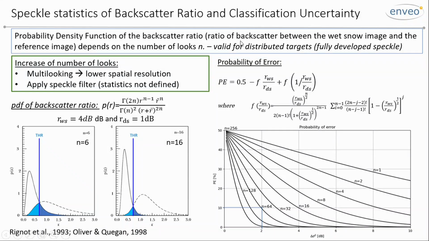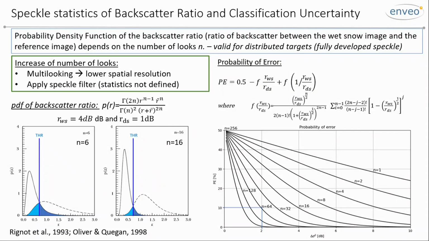Therefore, the aim is to get as good an estimate as possible of the backscatter of the pixel, without the speckle effect. There are two techniques you can use. One is to do multi-looking. This is the correct approach. You take 10 times 10 pixels and average the intensities, or the backscatter, so not the amplitude, the intensities. And then you remove the speckle a lot.